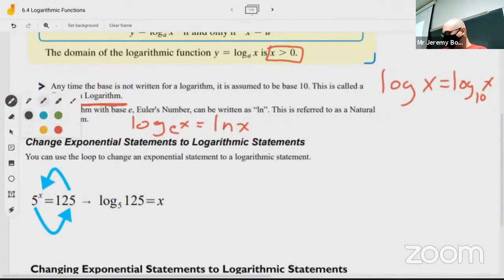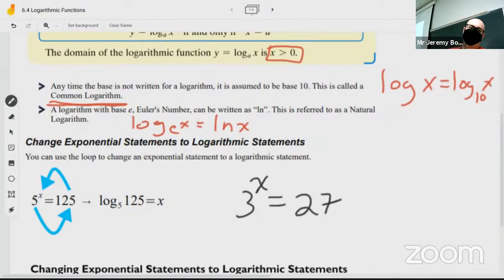So we had 3 to the x is equal to 27. It would be log base 3 of 27 is equal to x.